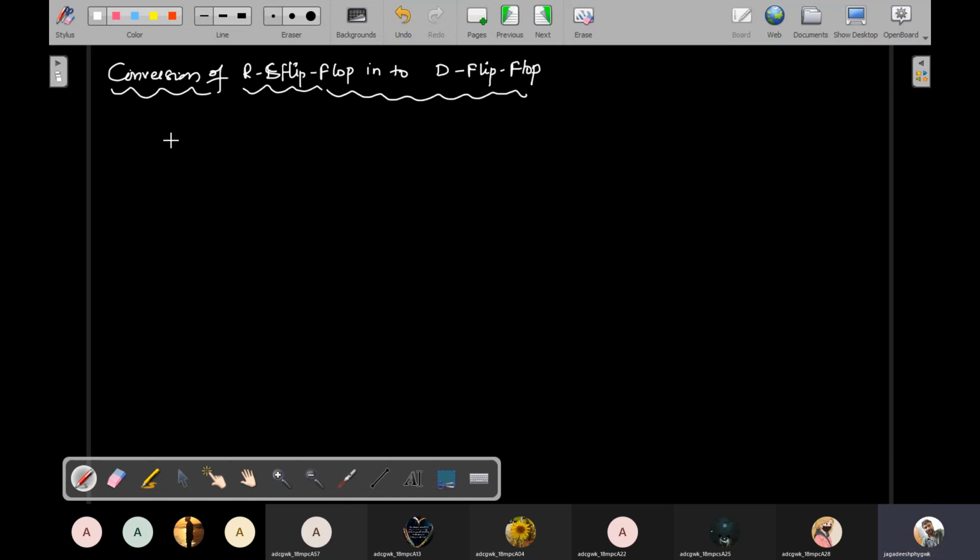So here the given flip flop is nothing but RS flip flop, understand? And the required flip flop is D flip flop.